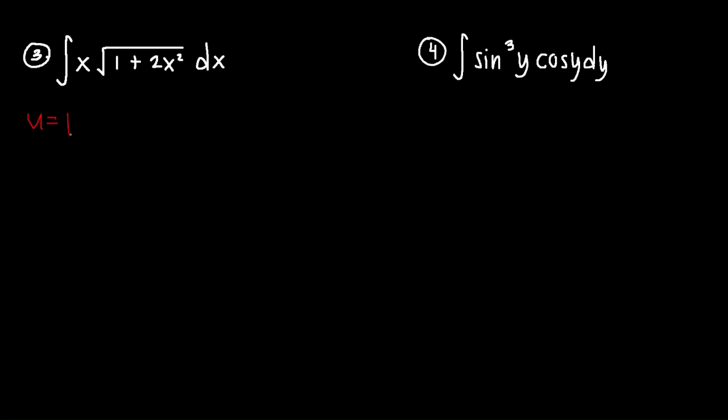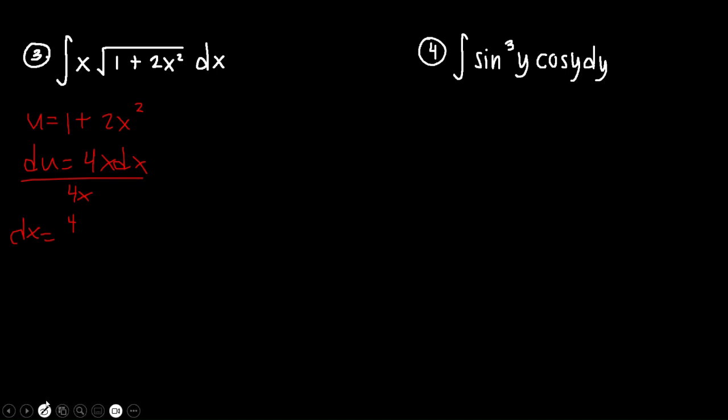So it is going to be 1 plus 2x squared. du is going to be the derivative of that, which is just 4x dx. Then dx is going to be du over 4x.